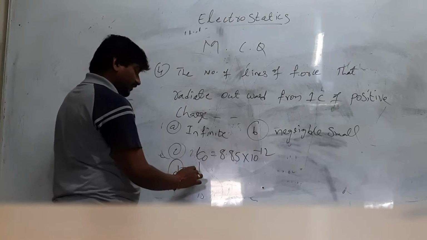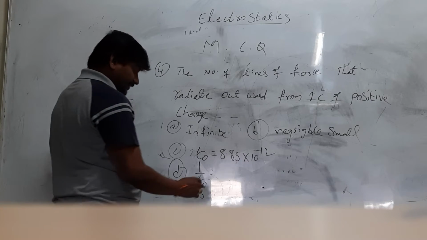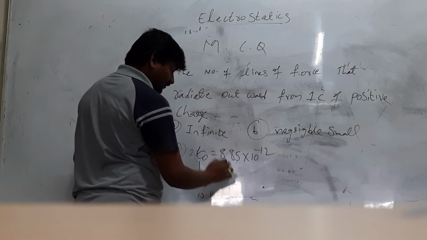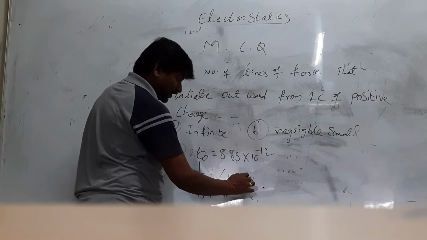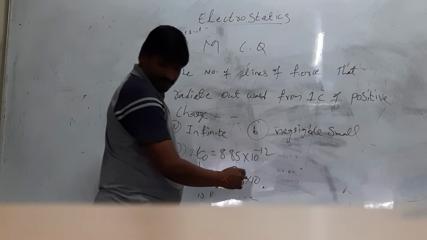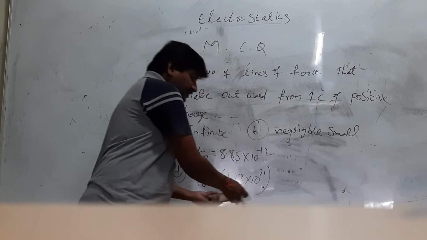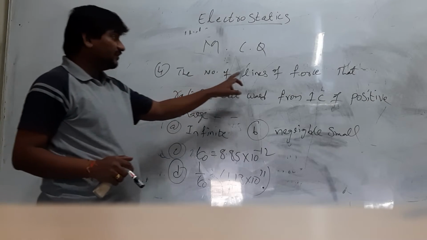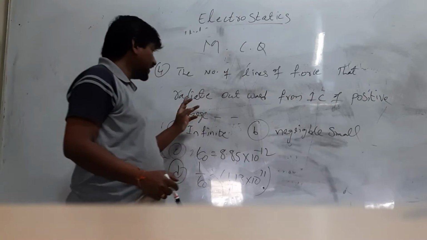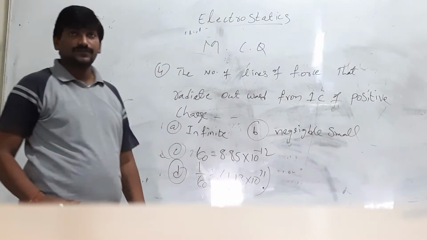Option D is 1 by epsilon naught. If you take the reciprocal of this, it is 1.13 into 10 to the power of 11. The question is the number of lines of force that radiate outward from 1 coulomb of positive charge.